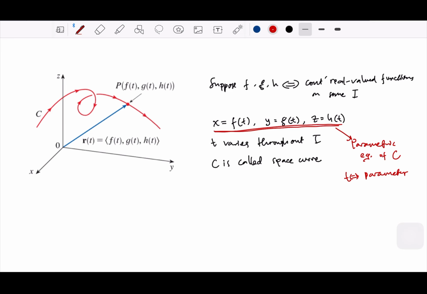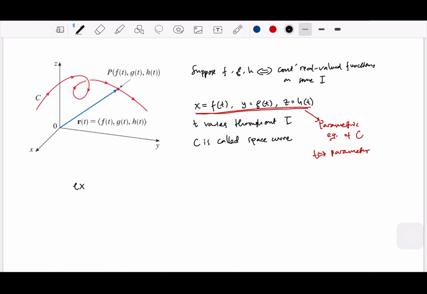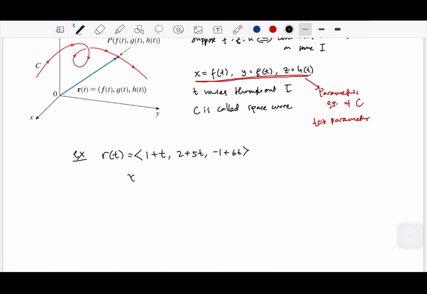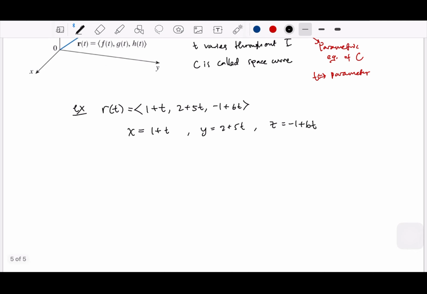What are the implications? It means that, for example, if we have this r, we can take it in terms of x, in terms of y, each component of r.